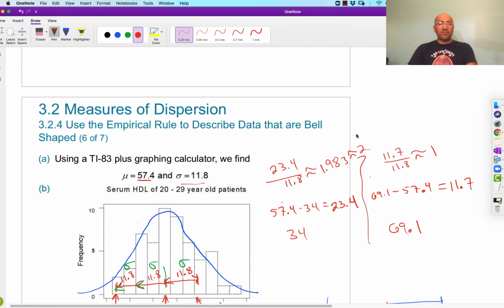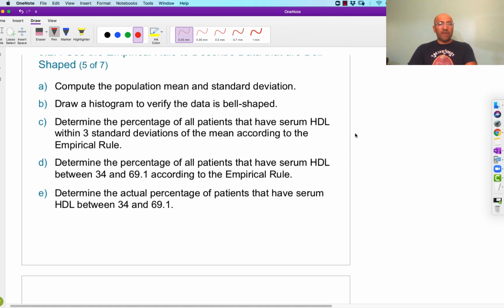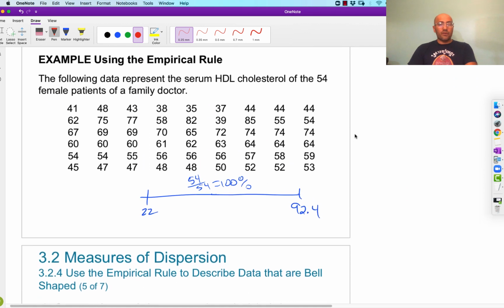Okay, to get that answer, we're going to have to go back to our actual table of values. Here it is. And count how many of them lie between 34 and 69.1.